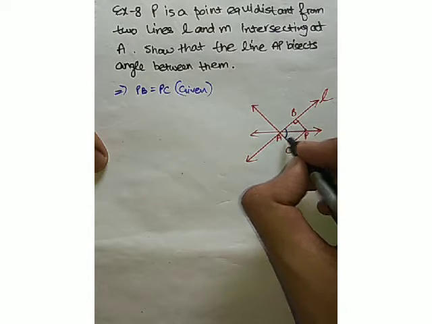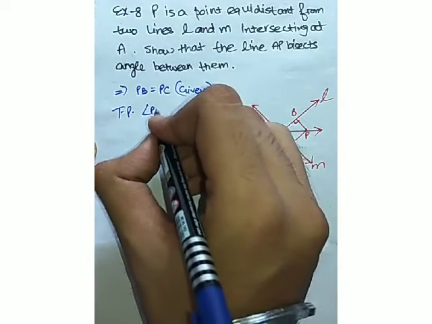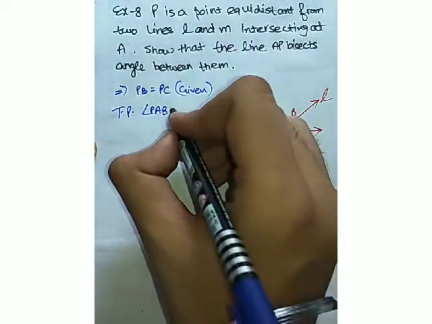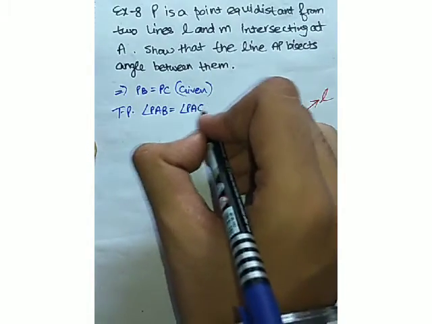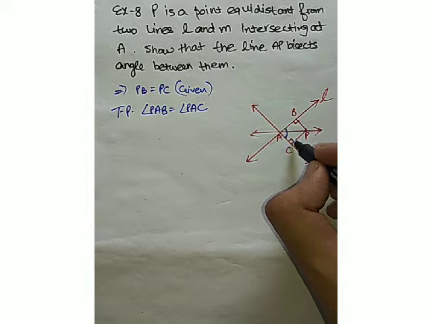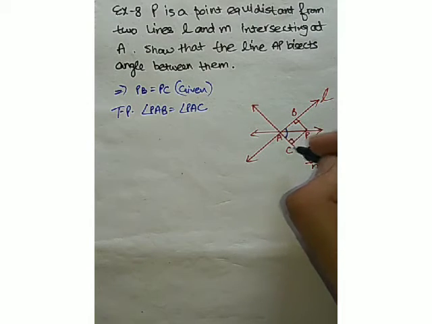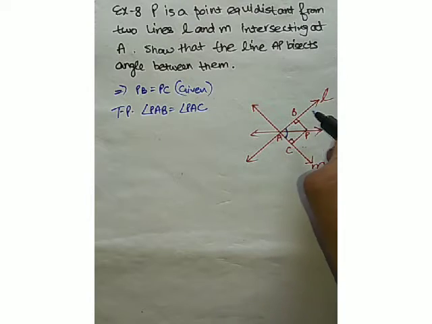Now this is the angle between the lines, so we have to prove that angle PAB is equal to angle PAC. And again these two angles are given to be right angles. That PC is perpendicular to AM, or PB is perpendicular to AB.